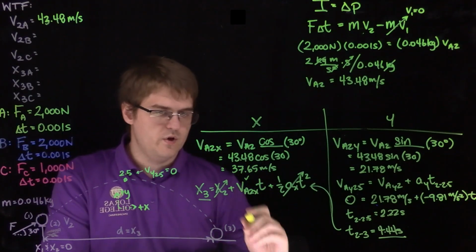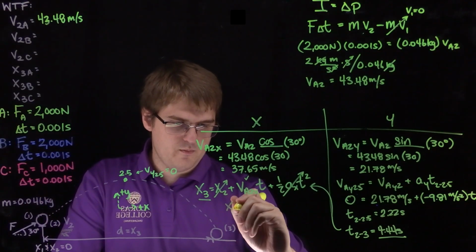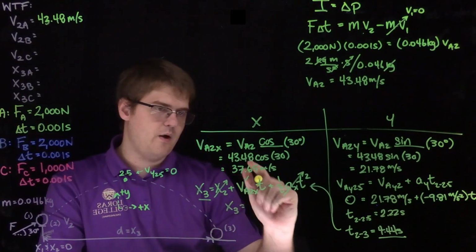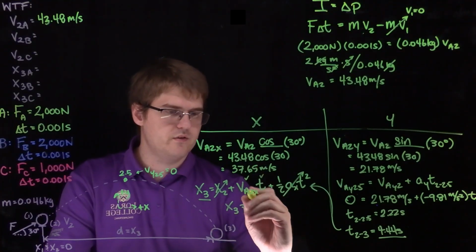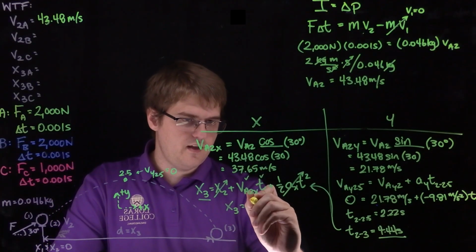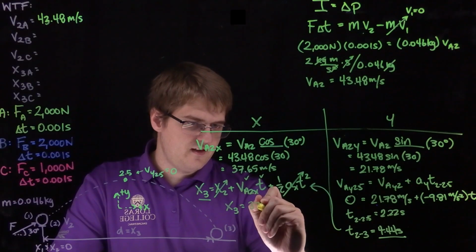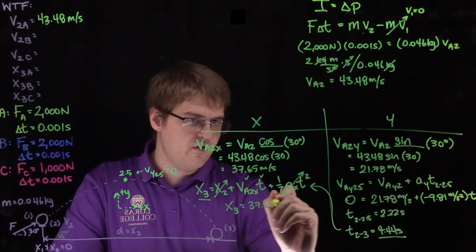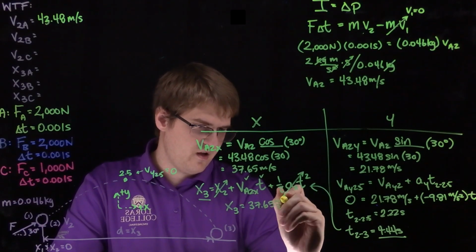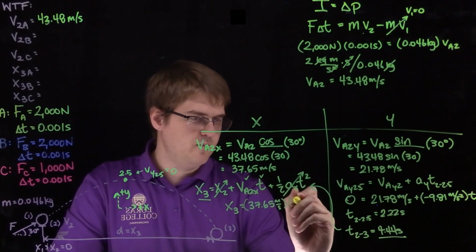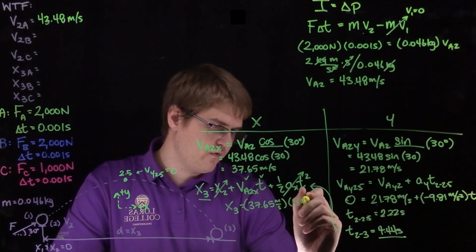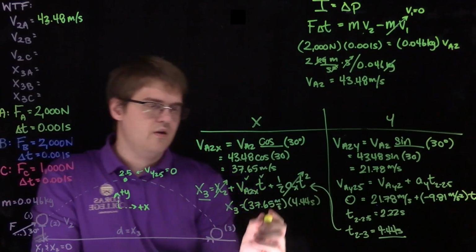So with that, x3, I now have both of my other pieces. It's going to be velocity of a in the x, which is 37.65 meters per second, times my 4.44 seconds.